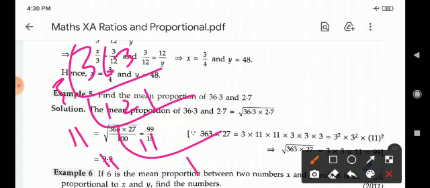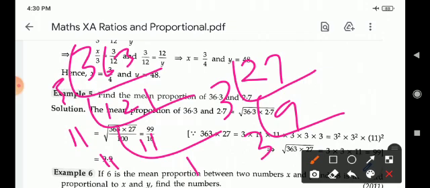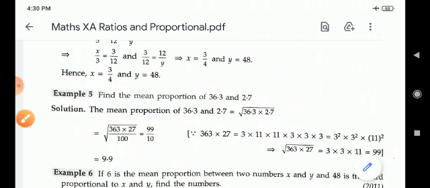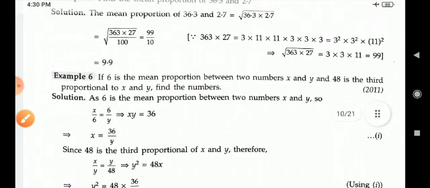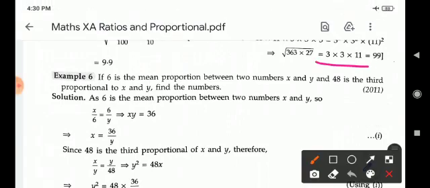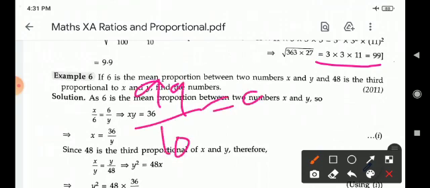Okay, 27: 3 nines are 27, 3 threes are 9. These are the factors of 27 and 363. Therefore, the answer will be 3 into 3 into 11, that is 99, divided by 100, that is 10. That is 99 upon 10, that is 9.9.